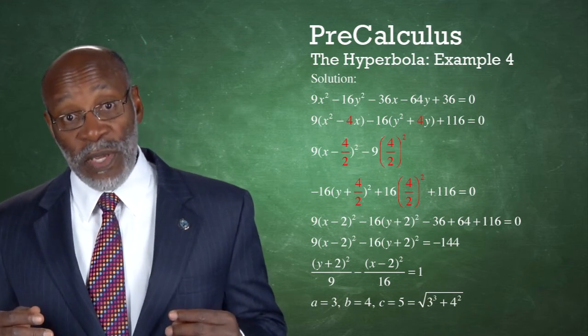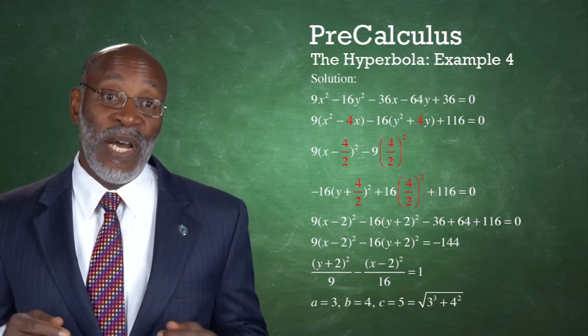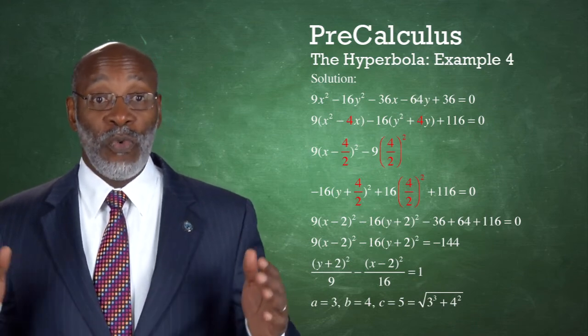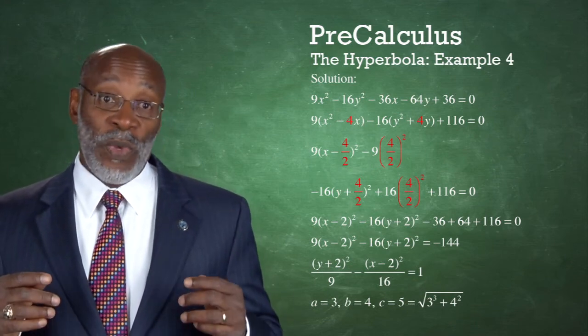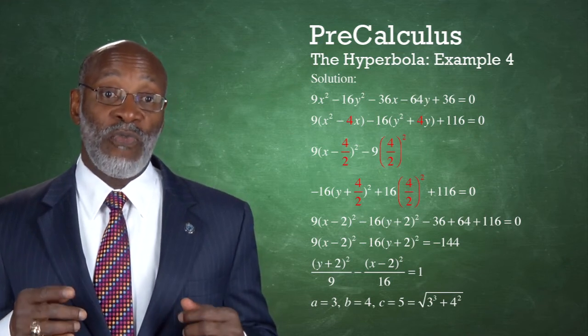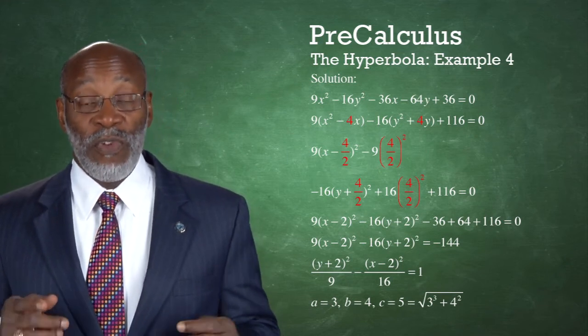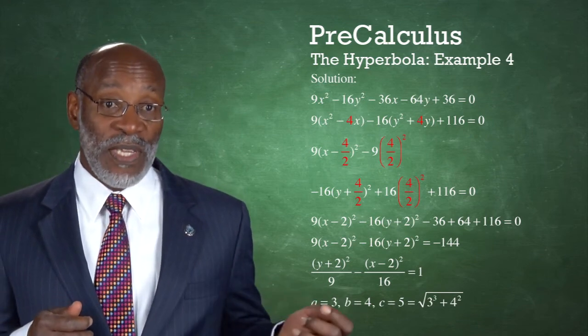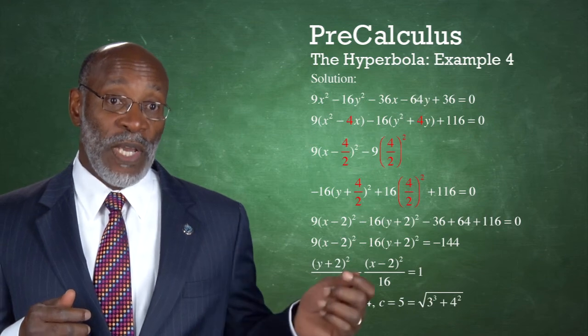The y variable is minus 16 times the quantity (y plus 4 over 2) all squared. And we have to add back 16 times (4 over 2) squared. The reason we add this is because we have a minus 16 outside the bracket.